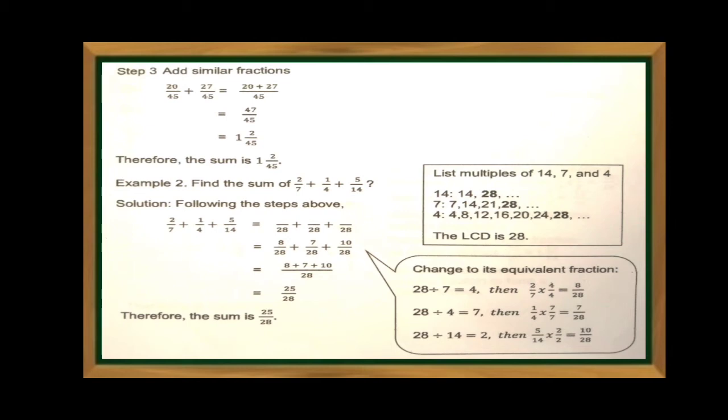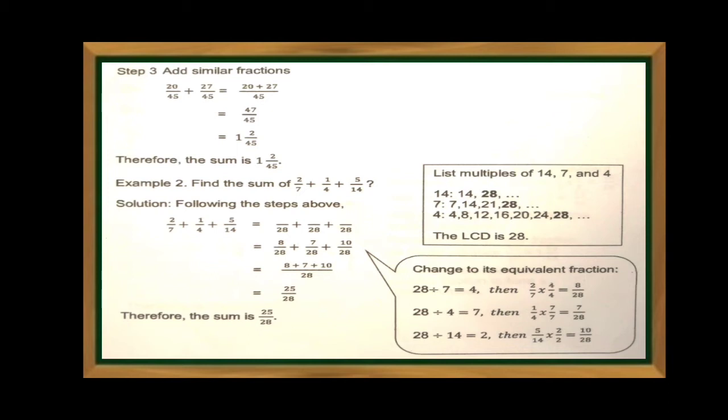While 7 are 7, 14, 21, 28, and 4 are 4, 8, 12, 16, 20, 24, 28. So their LCD is 28. So here is the solution.